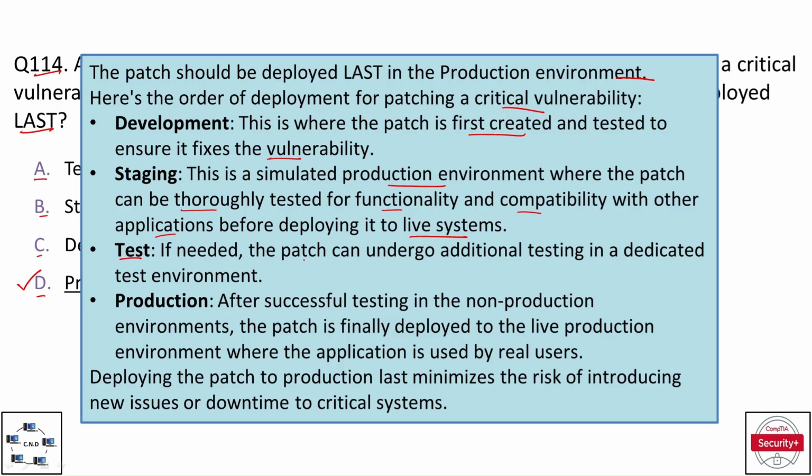Test, so if needed, the patch can undergo additional testing in a dedicated test environment. And production, after successful testing in the non-production environment, the patch is finally deployed to the live production environment where the application is used by real users. So deploying the patch to production last minimizes the risk of introducing new issues or downtime to critical systems.